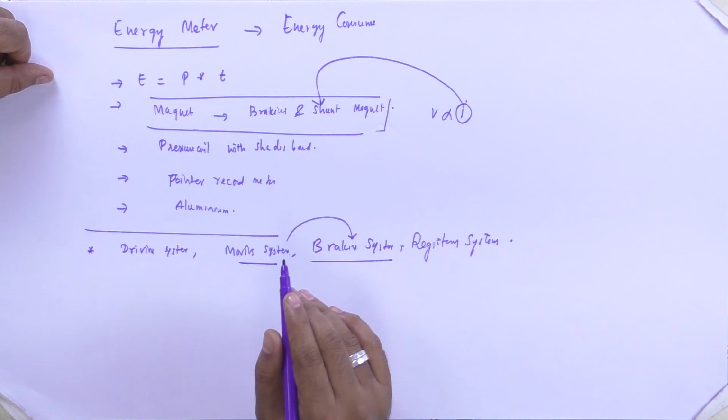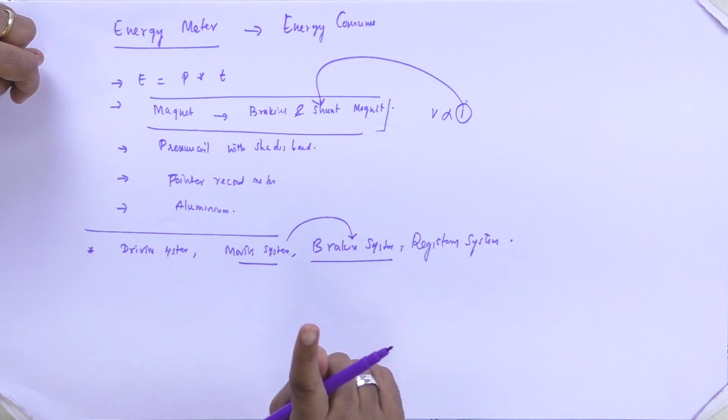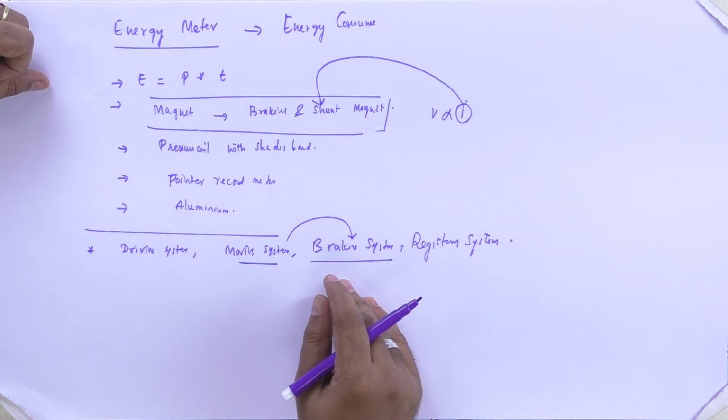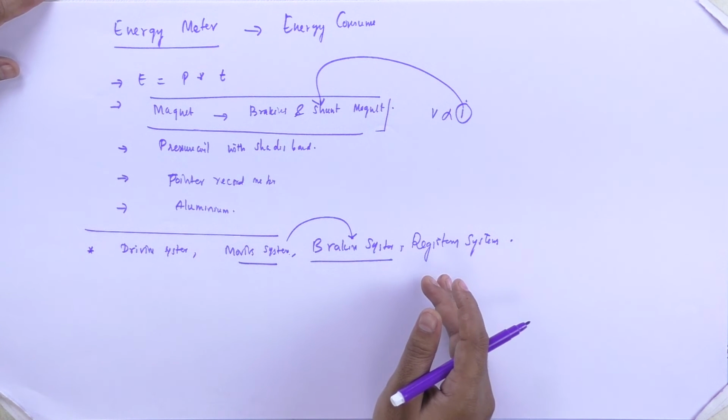This braking torque opposes the movement of the disc, and hence it reduces the rotational speed. The permanent magnet is adjustable, and the braking torque is also adjustable by shifting the magnet from one position to another.